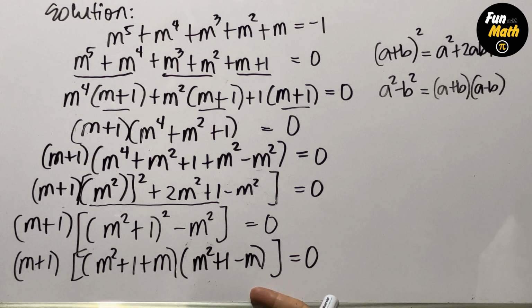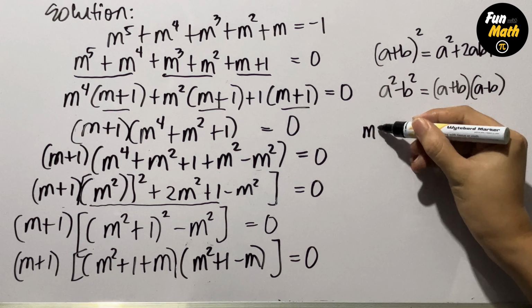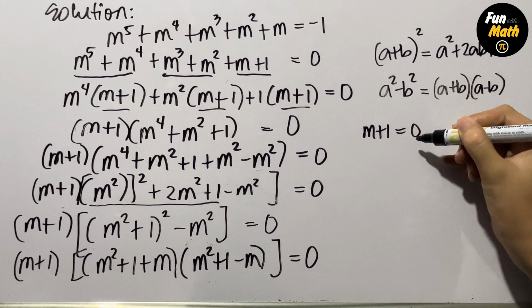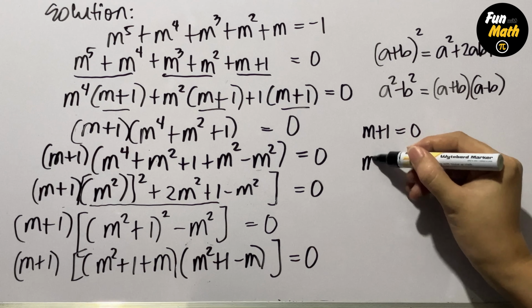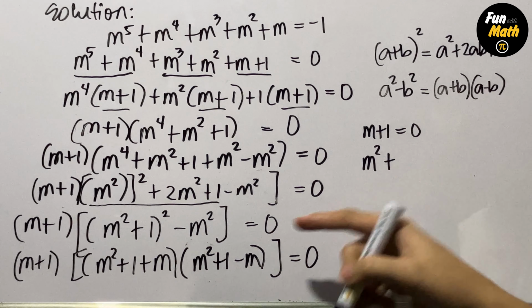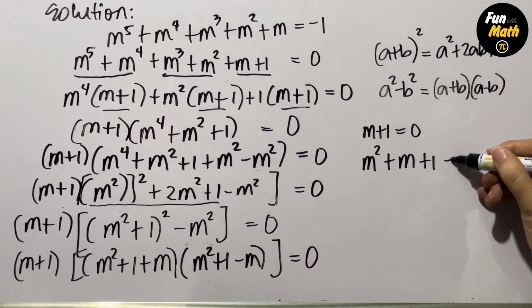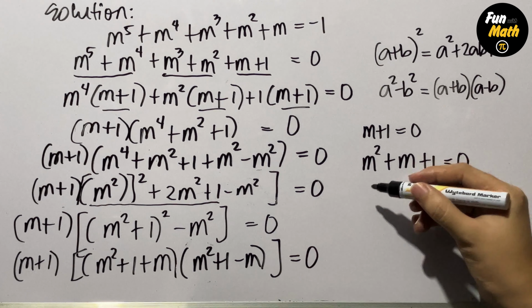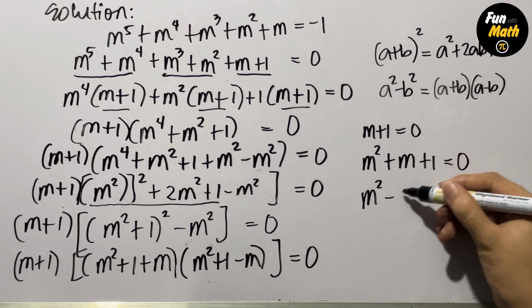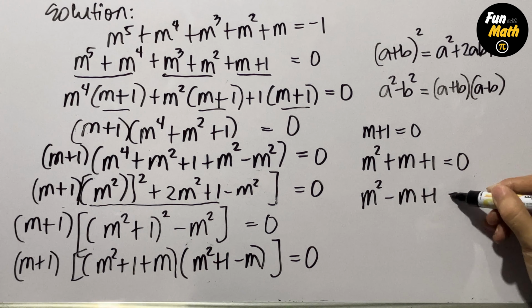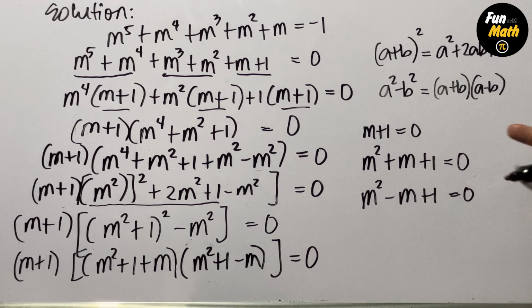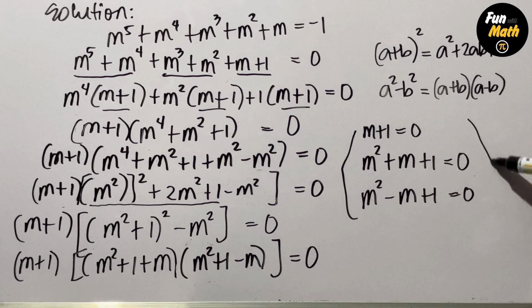Now for this, we can have three equations. First is m plus 1 equals 0. Another is m squared plus m plus 1 equals 0. Other one is m squared minus m plus 1 equals 0. So these are the three equations.